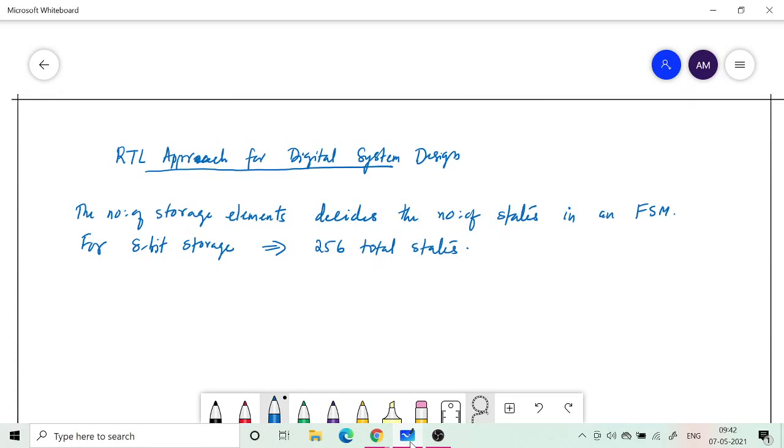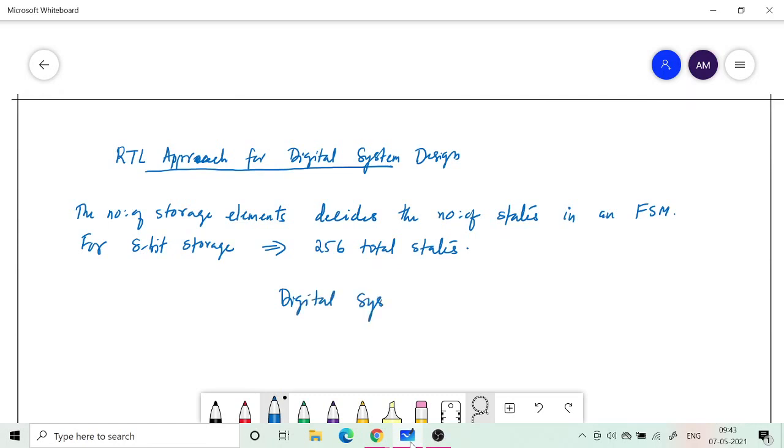Now, on the other hand, why do we have to have this many states? Why not design the digital system with a lesser number of states? The answer is that if we are thinking about a synchronous design, the digital system could be either synchronous or asynchronous.